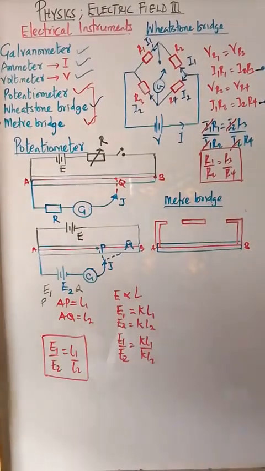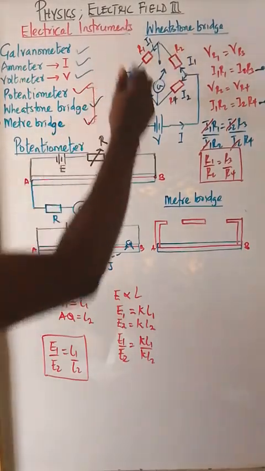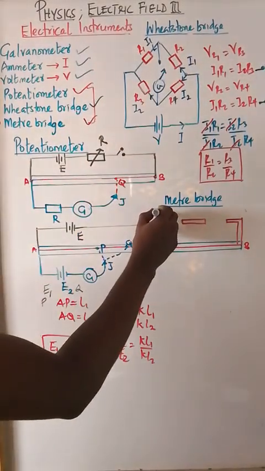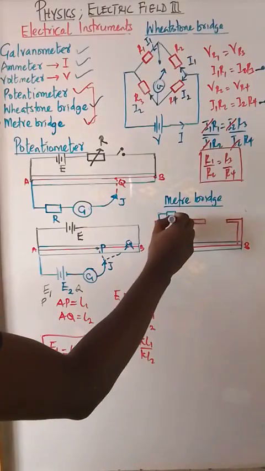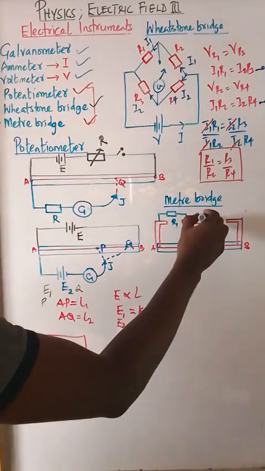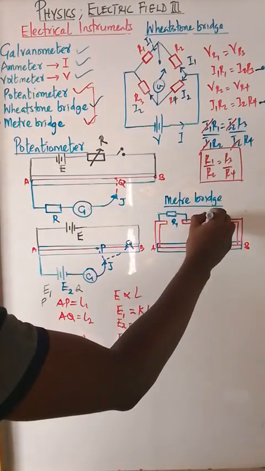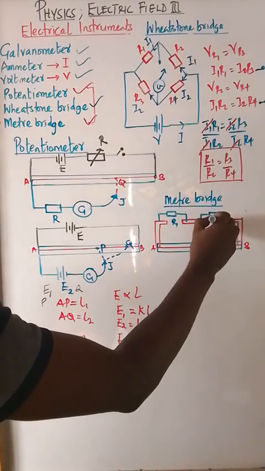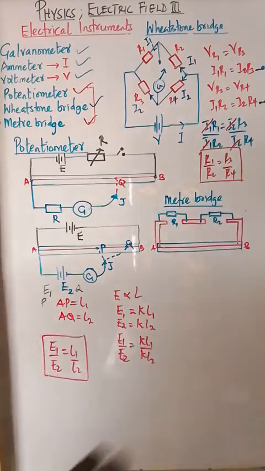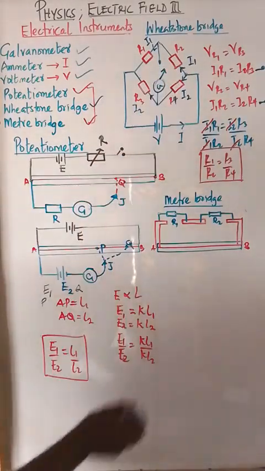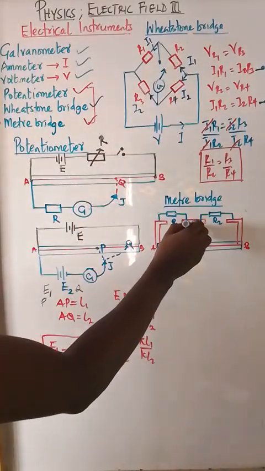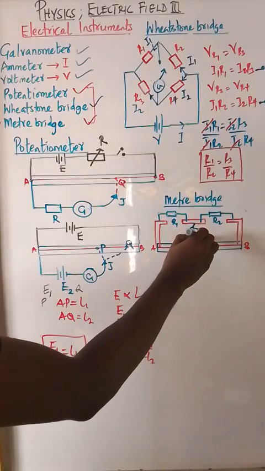So what are we going to do next? This is our R1, we can bring it here. Then this R2, we can bring it here. So what next? We can get a galvanometer G with the jockey.